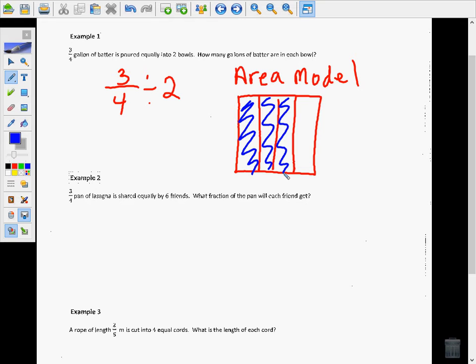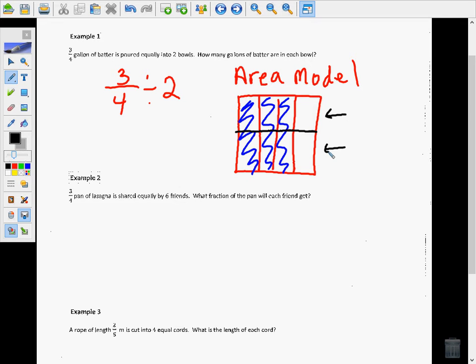So how do I suppose we could divide this by 2? So one way we could do this is, actually we want to do 3/4 divided by 2, so we're going to cut it in a horizontal direction and divide it into 2 parts. So now I have the top is 1 part and that's 2 parts.